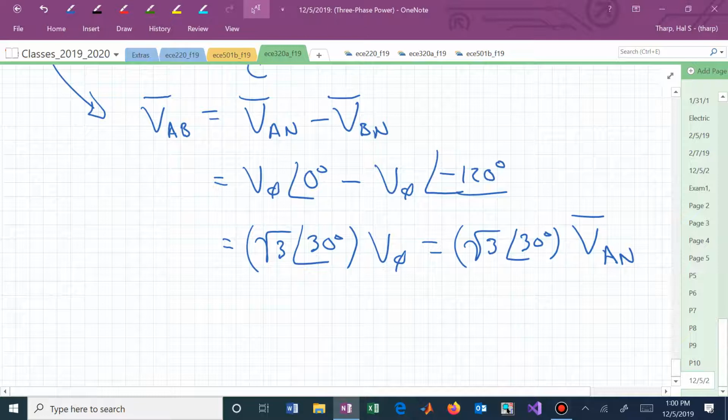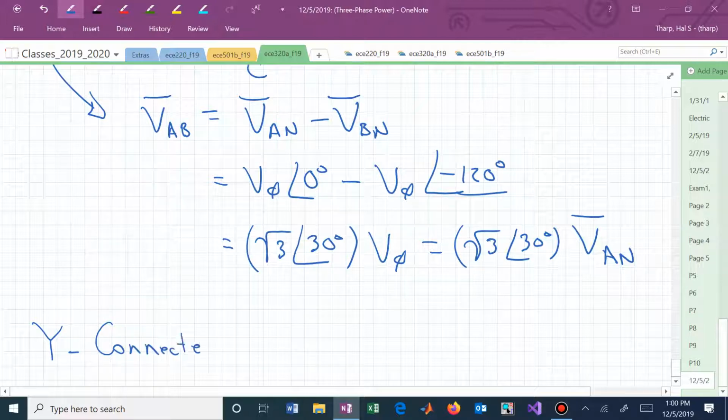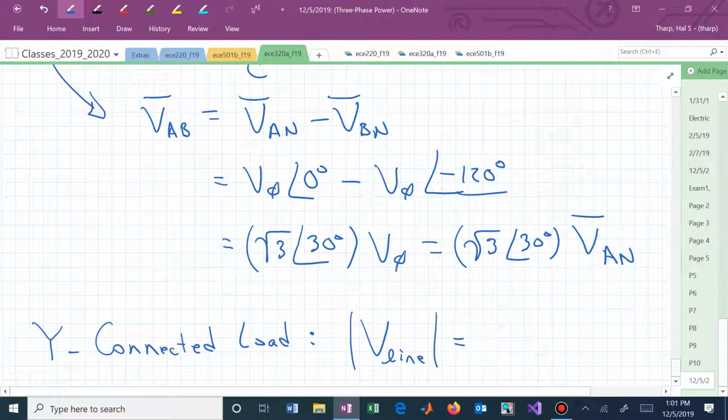Here we have now determined the relationship for magnitudes between phase voltage and line voltage for a Y-connected load. We now know that V line magnitude is equal to the square root of 3 V phase.